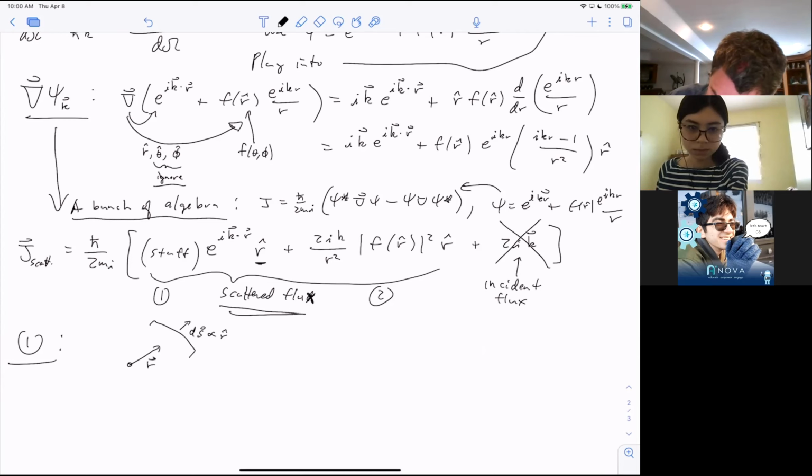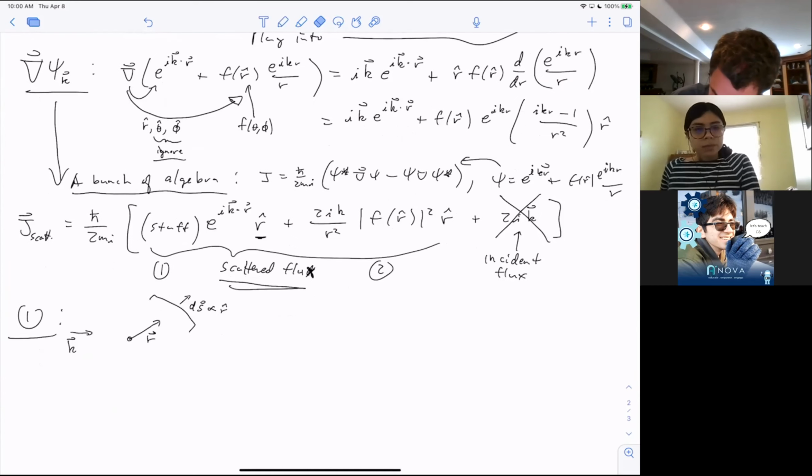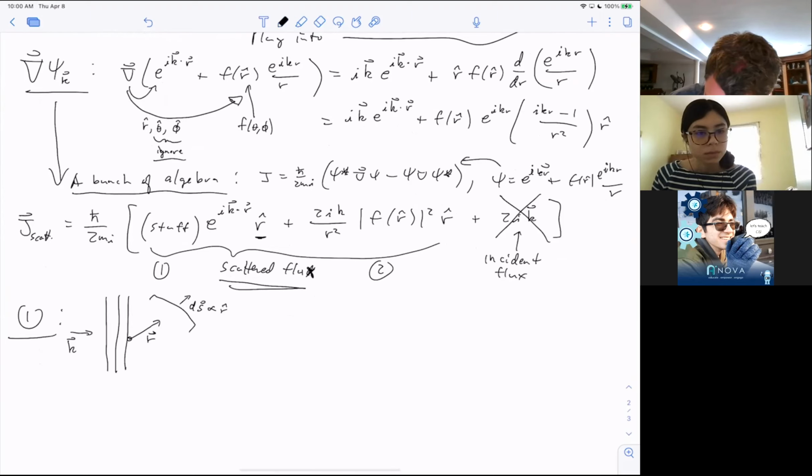The reason it goes to 0 is notice that it's a plane wave, and this is the direction of k, the incident direction in the way we've set up the problem. So the first term is a plane wave, so let's draw a plane wave. A plane wave looks like this. This is slightly subtle, but it's not that subtle when someone points it out to you.